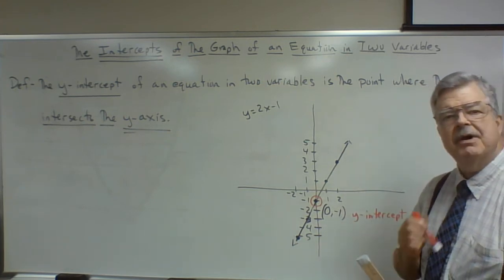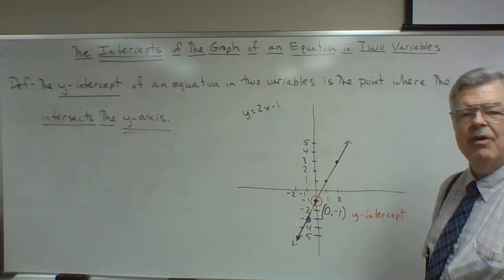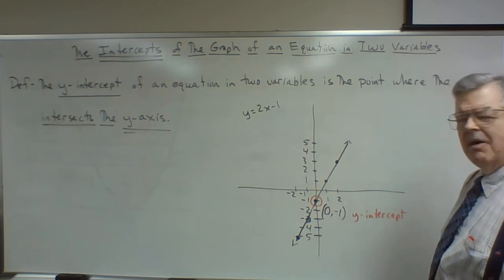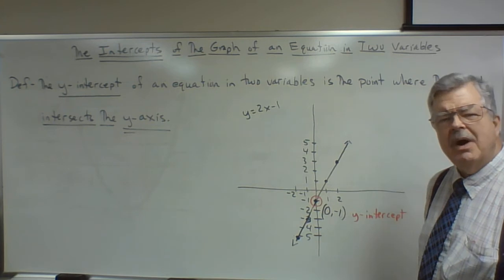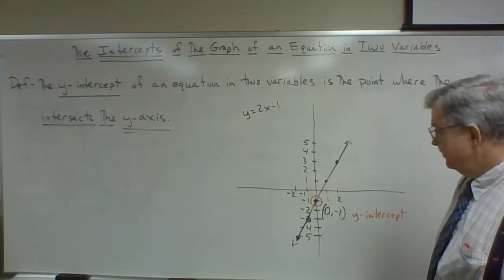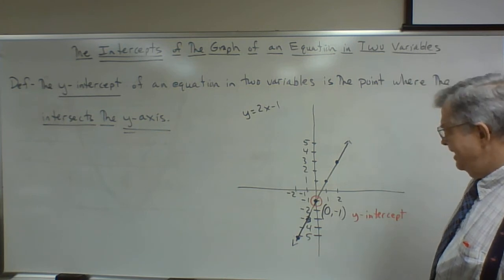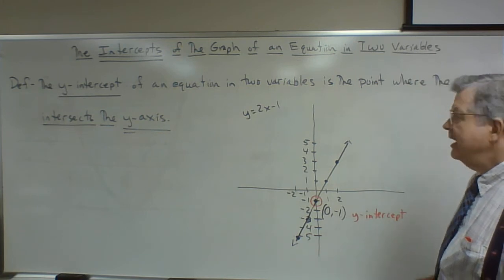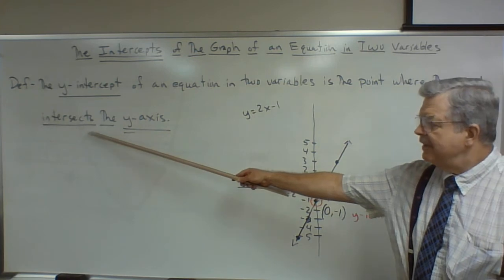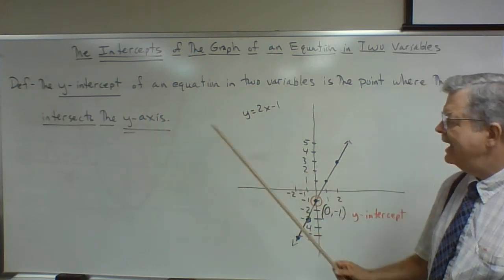And my little slip up a second earlier is even more unforgivable. When we consider what the y-intercept of the equation is, it's the place where the graph of the equation intersects the y-axis.